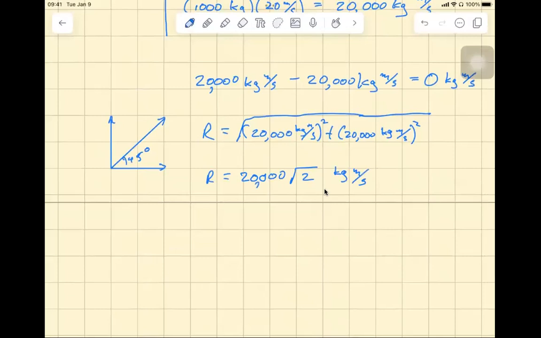So square root of 2 is 1.4142, and multiply that by 20,000, and it's 28,284. Probably 28,000 would be a good enough answer. Kilogram meters per second, and the direction is going to be northeast, 45 degrees.